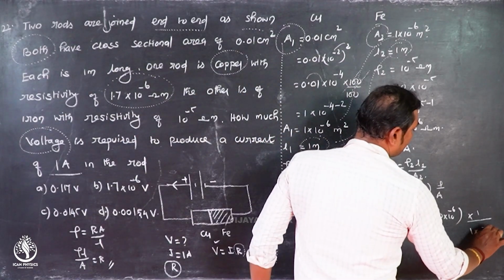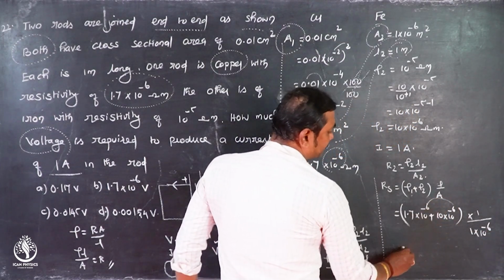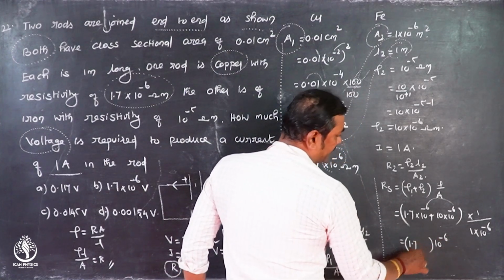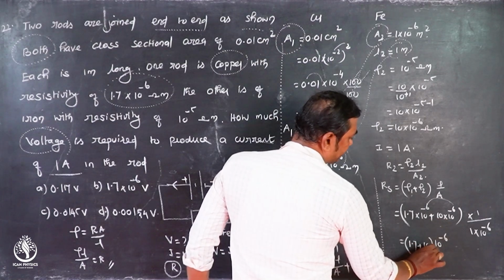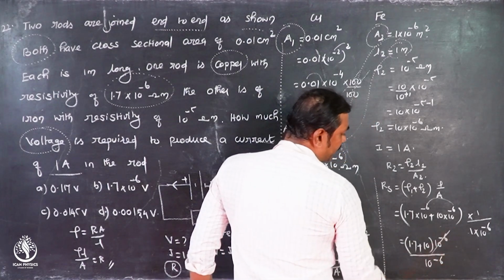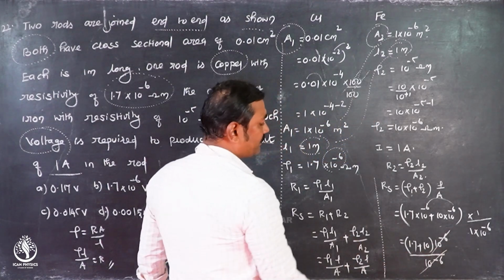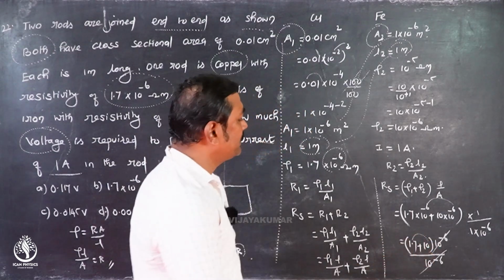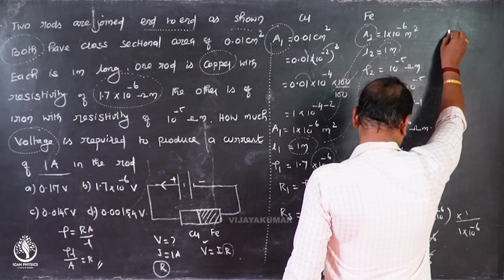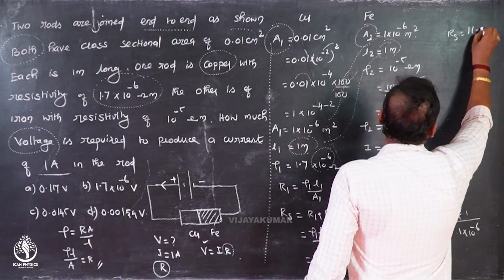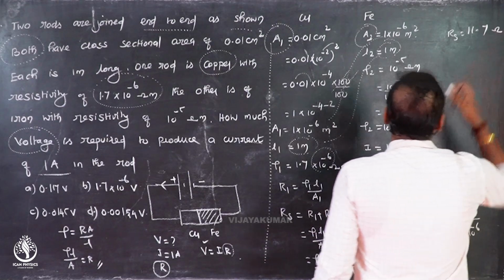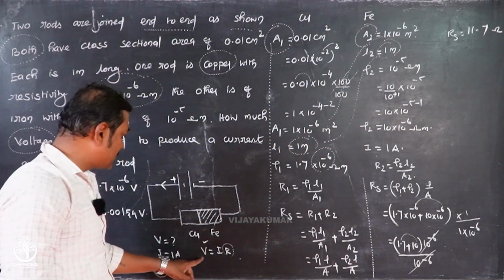Here the 10 to the power minus 6 can be taken as common and they cancel. So 10 plus 1.7, that is 11.7 ohm.